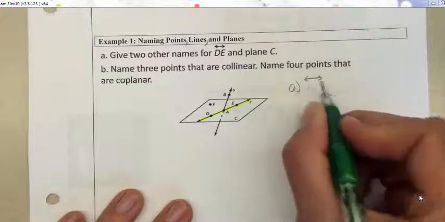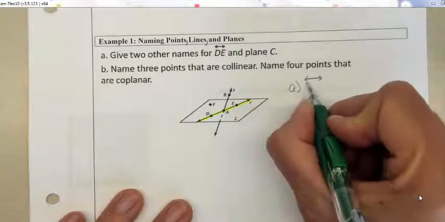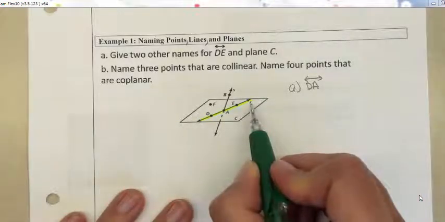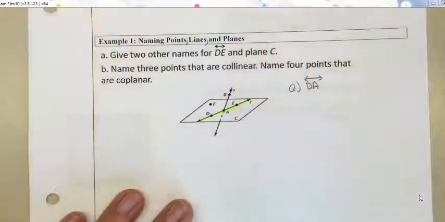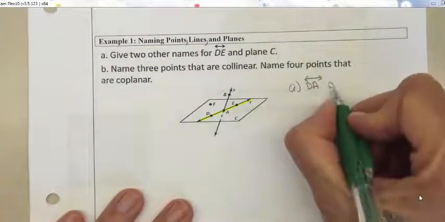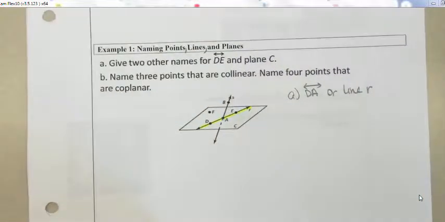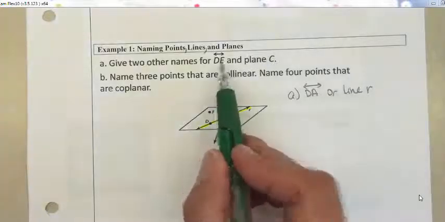I'll put the little line, and then how about DA instead of DE? But the other way, you see this little lowercase r there? I can use that also to name this line. So I could also say line r. That's pretty simple. Okay, so that's for line DE.